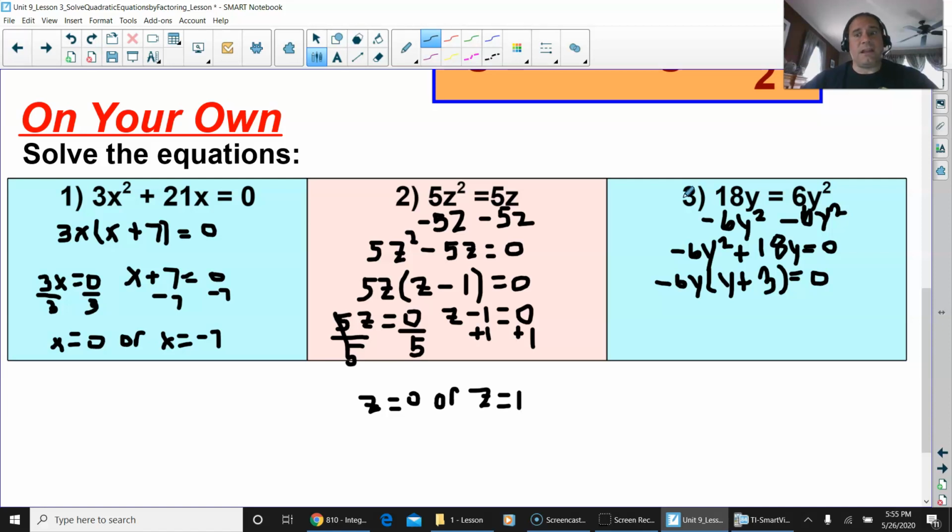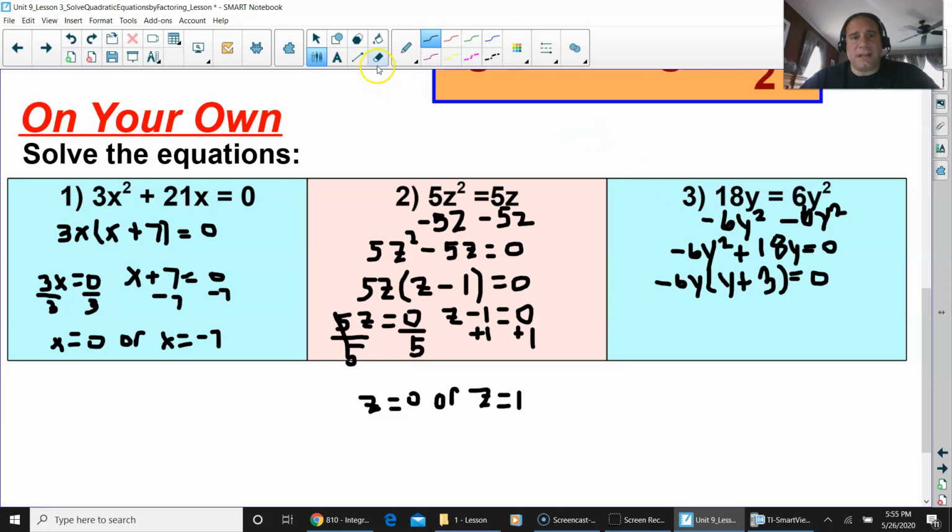Negative 6y is the greatest common factor that factors out. Negative 6y times y is negative 6y squared. Negative 6y times 3 is 18y.